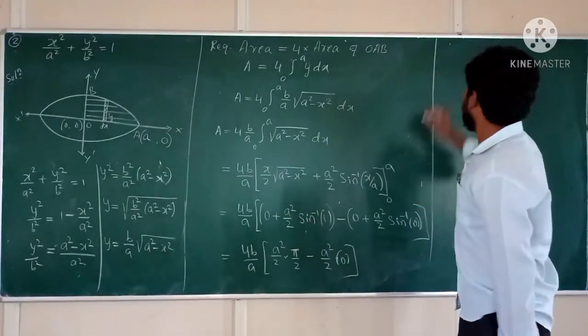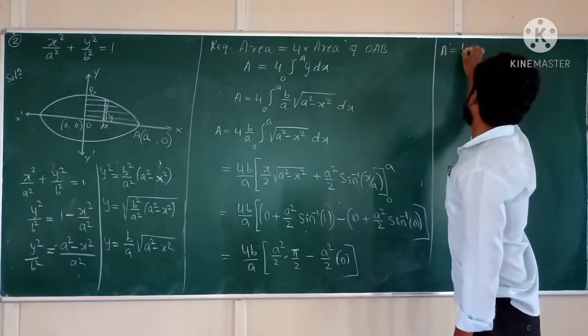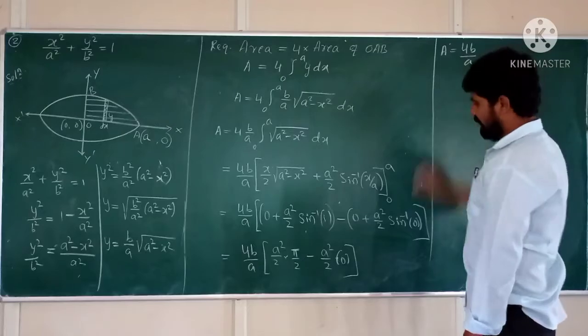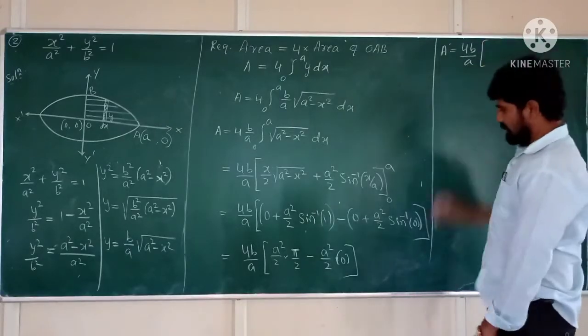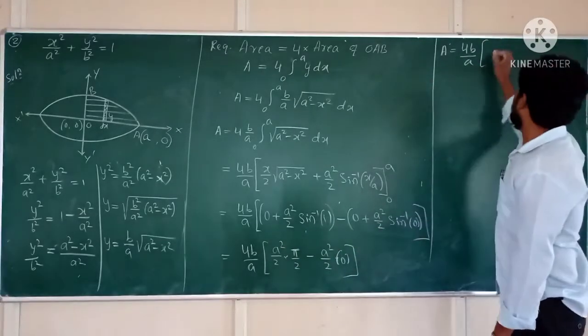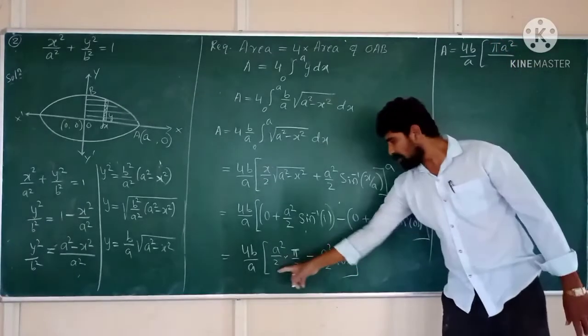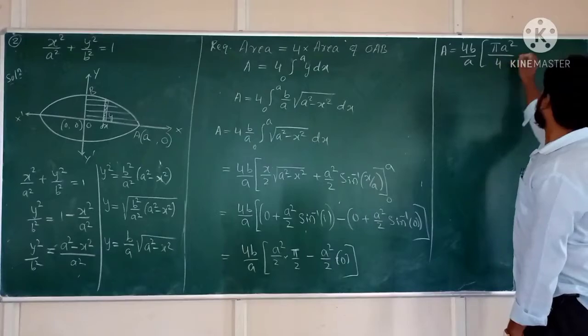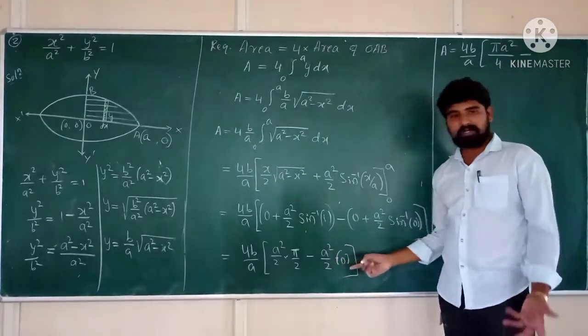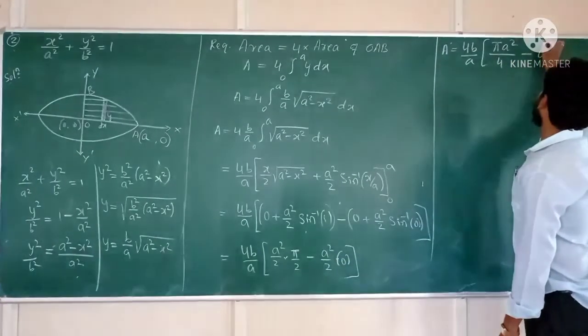Therefore, the required area A is equal to 4b divided by a into a squared into pi divided by 2, minus a squared by 2 into 0, which is 0.